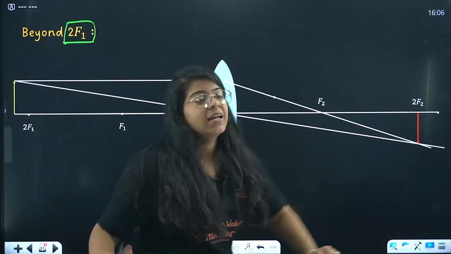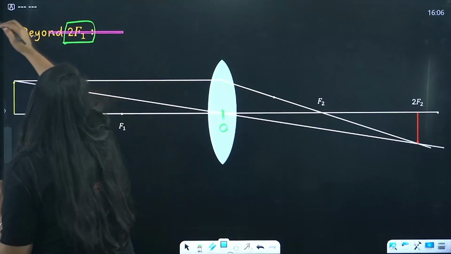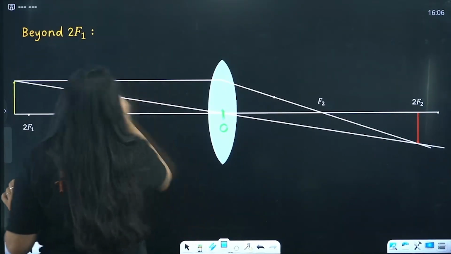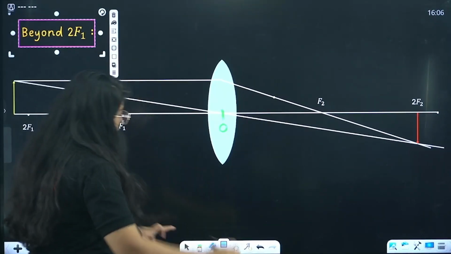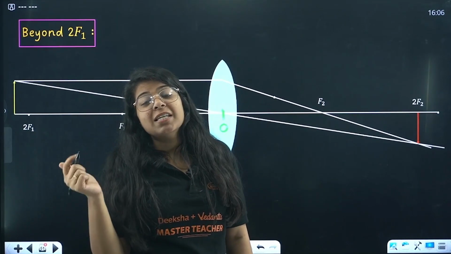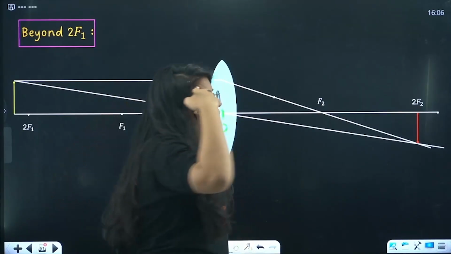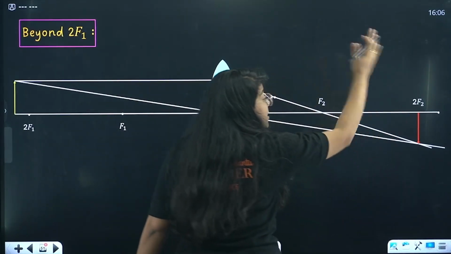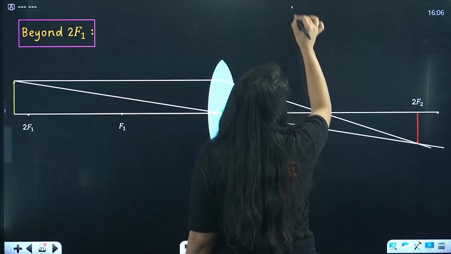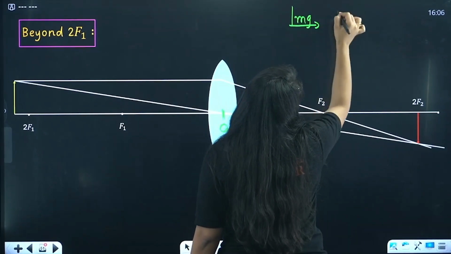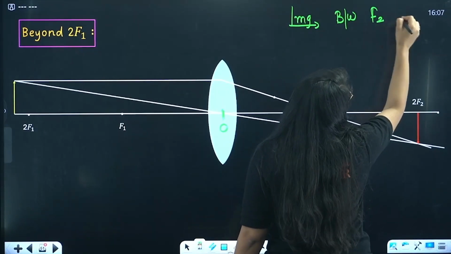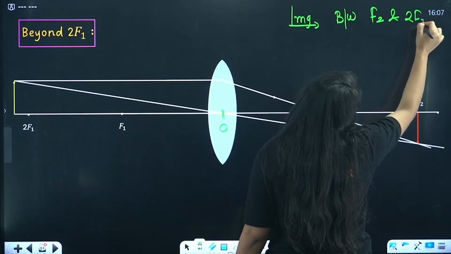And similar here, see, the object, beta, is beyond 2F1, beyond C. In that case, if it was beyond C, the image will be between C and F. Here C is 2F2, just you have to remember that. Here, beta, the image will be between F2 and 2F2.